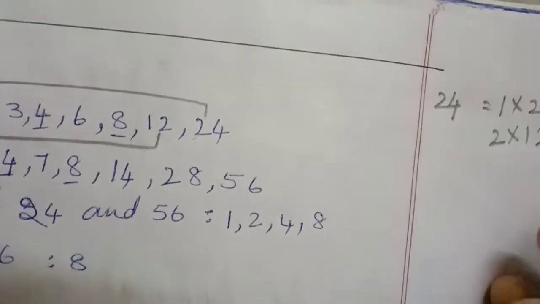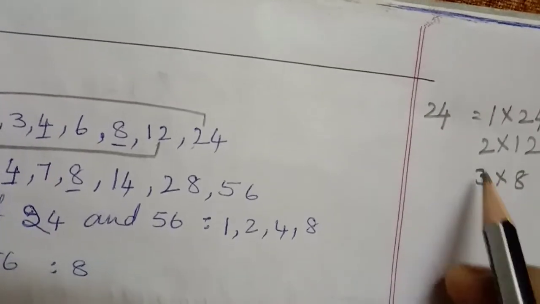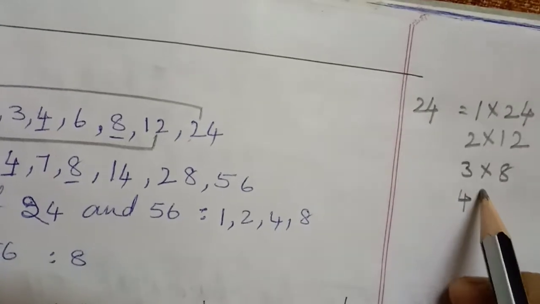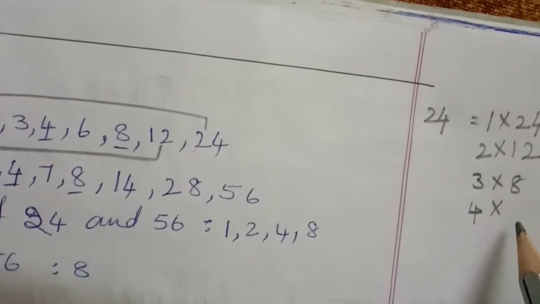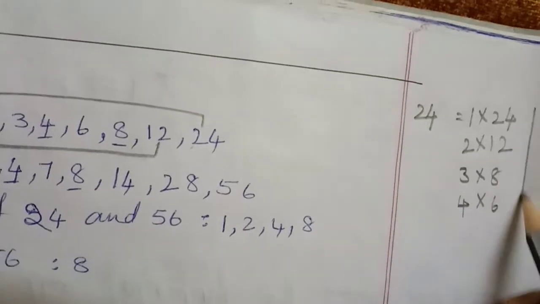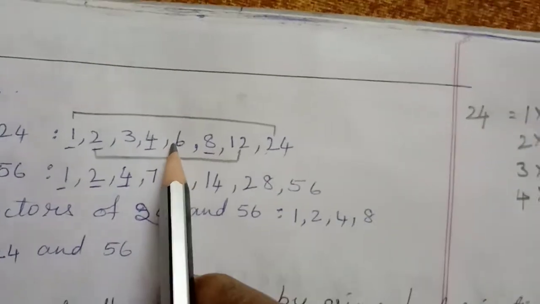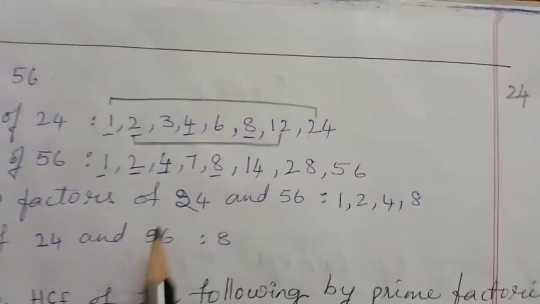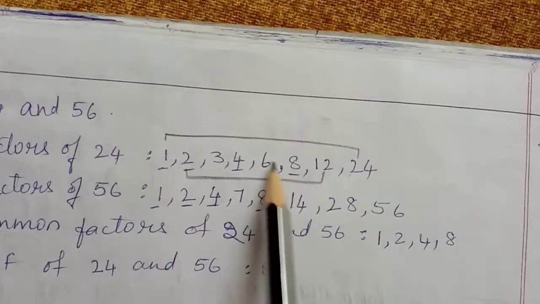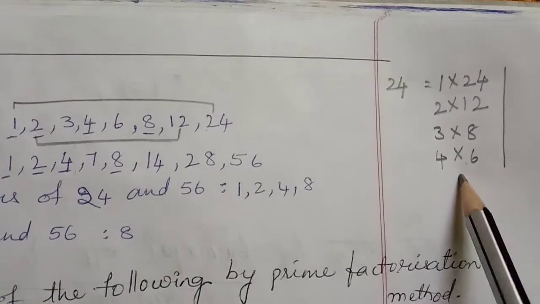We used to write like this, no? 3 8s are 24. Again, this will come in 4 table. 4 6s are 24. Okay. So this I have written directly because you got used to this method.